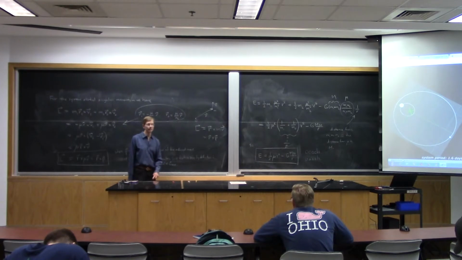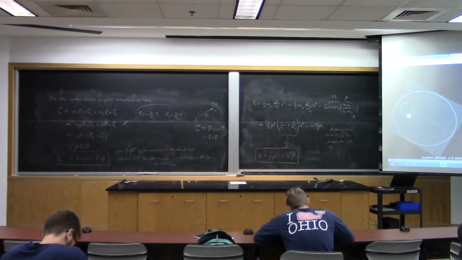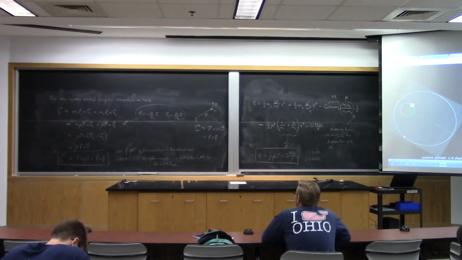Remember, the system momentum, capital P, would be the system mass times the velocity of the center of mass, but we're in the frame where the center of mass isn't moving. So p equals mu v is the momentum of the reduced mass in the equivalent one-body problem. It's not the system's momentum.